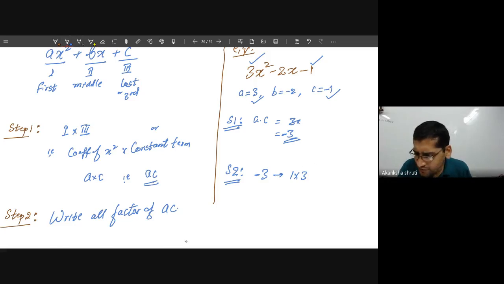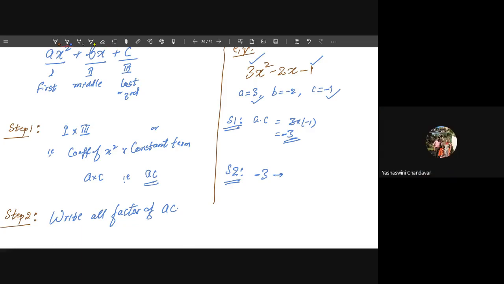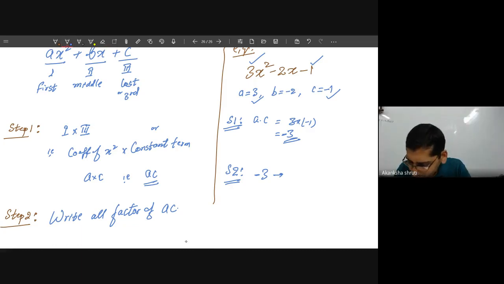What could be the factor of minus 3? Students, what could be the factor of minus 3? Minus 1 into 3. Very good. So it is like this one. Minus 1 into 3. One may also say, no, I may take the minus of 3 into 1.